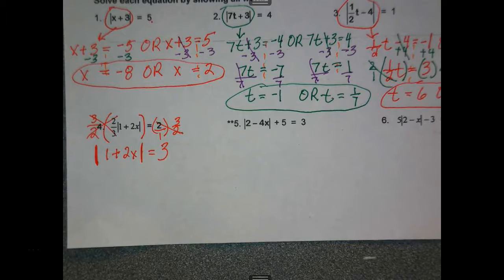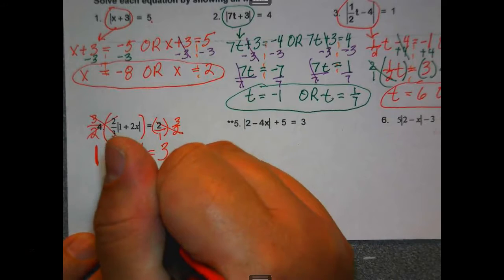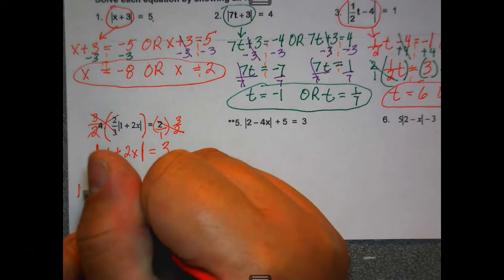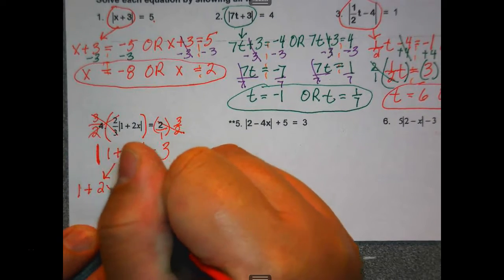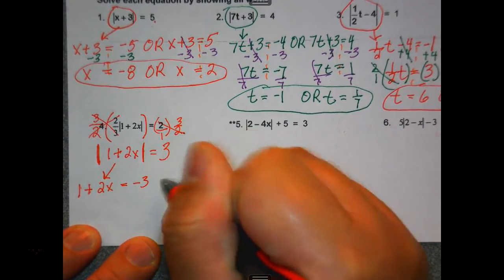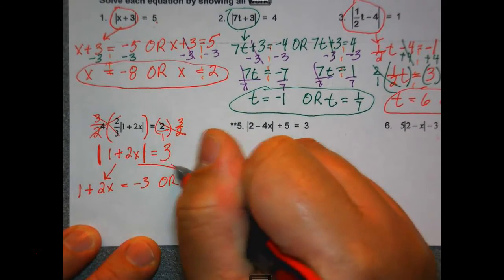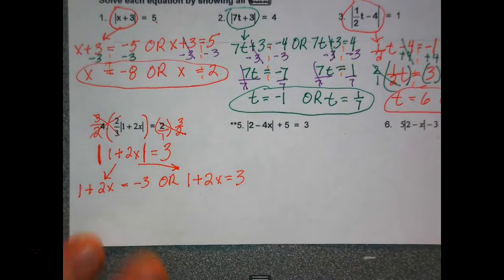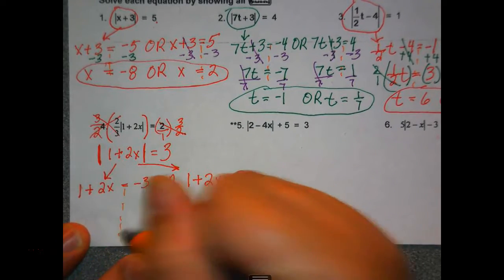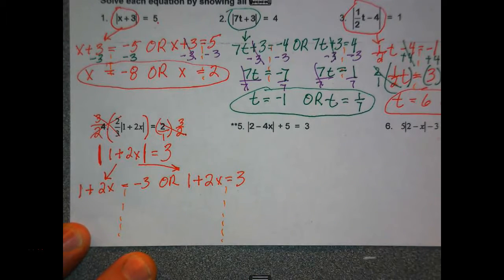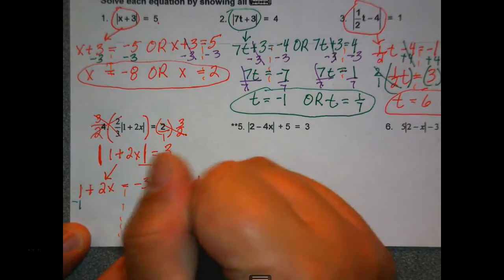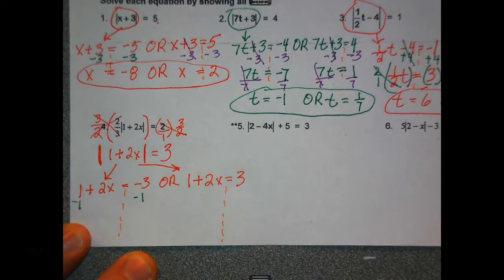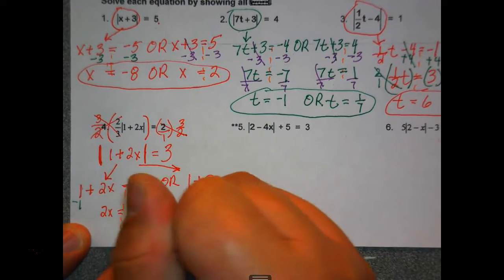Is my absolute value by itself? Now I can split it up. Take what's inside, set it to the opposite of what's there, or set it equal to what's there. Solve each one separately. You subtract 1, I get 2x equals -4.